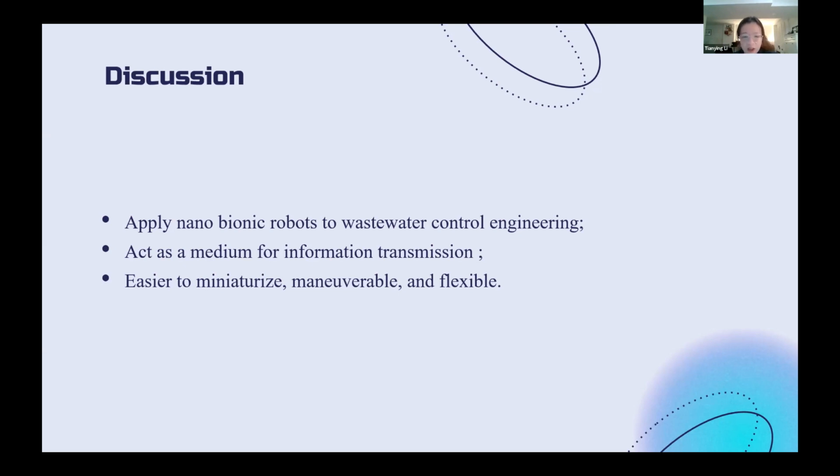In this way, the bionic robots only act as a medium for information transmission so that we can collect and analyze the data directly instead of conventional, complex, time-consuming laboratory tests.